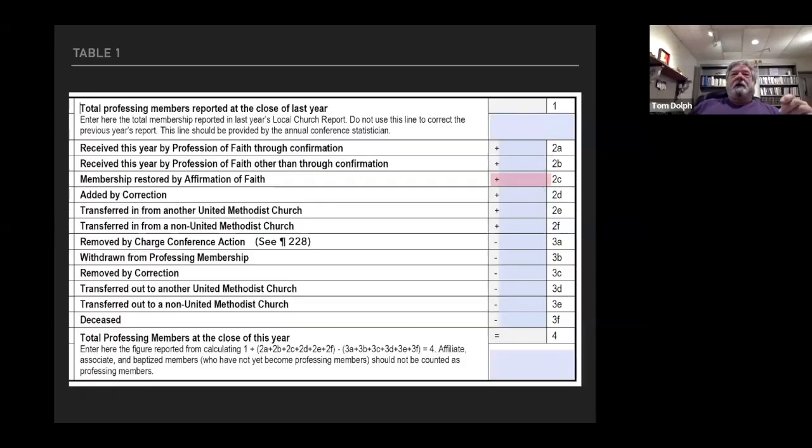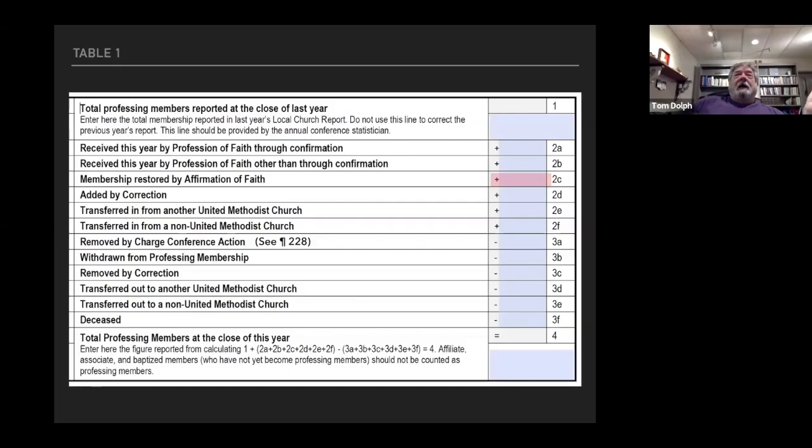However, statistically, that is not what this line asks for. It is for a member who has either previously withdrawn from membership or was removed by charge conference action and has not joined any other church. So this is for people who aren't members anywhere, in any church, in any denomination, but they used to be a member of your church.